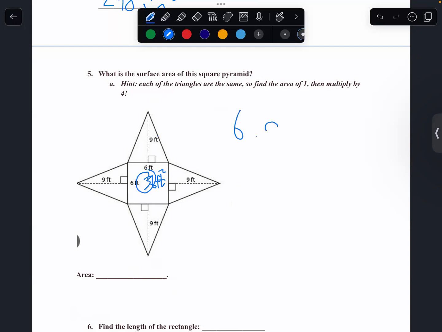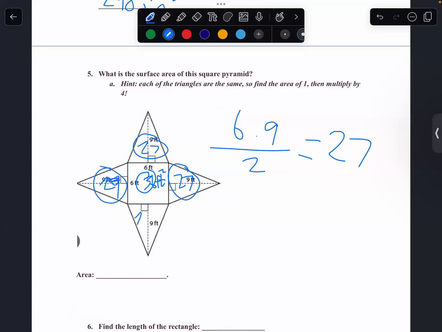So 6 times 9 divided by 2, 54 divided by 2 is 27. So each one of these triangles is 27. Or you could just do 27 times 4 because there's 4 of them. So we've got 36 plus 27 4 times. 27 times 4 is going to be 108.